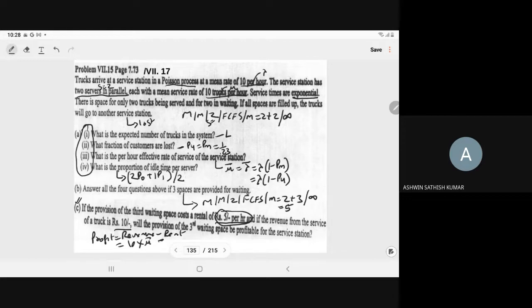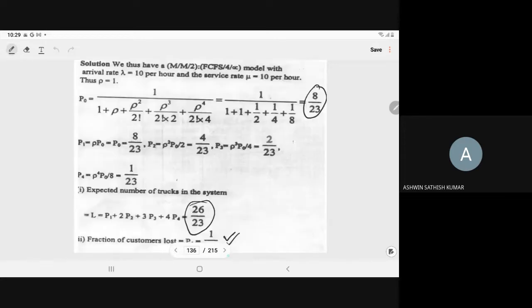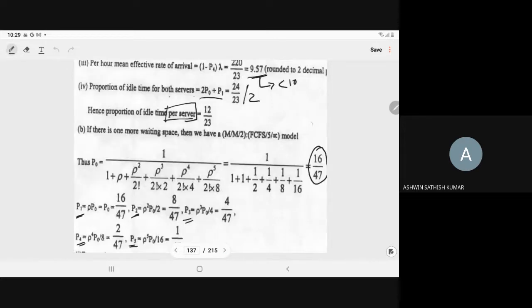That is rupees 5. But you know that the effective service rate for the steady state is equal to lambda bar. So it is 10 lambda bar minus 5. You have to compare the expected profit with m is equal to 4 and m is equal to 5.